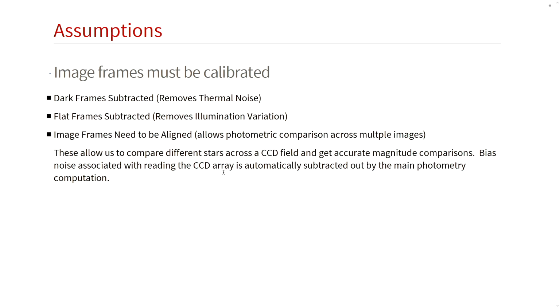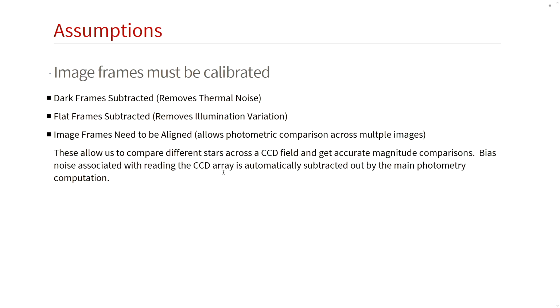So if we do this, we need to do some prior work. We're going to start with a set of image frames, and they need to have some calibration done to them. I've talked about the calibration process in previous talks.